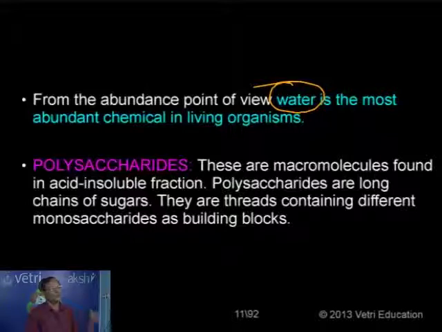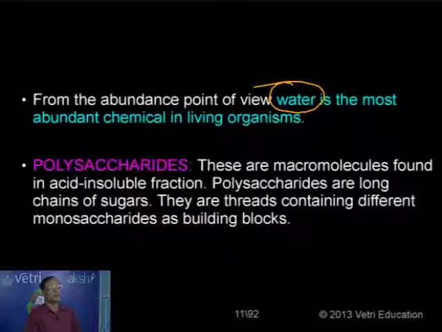If you burn the whole body, you get only ash in grams, not in kilograms, the rest being sent out by the oxidation process. So from the abundance point of view, what is the most abundant chemical in living organisms?